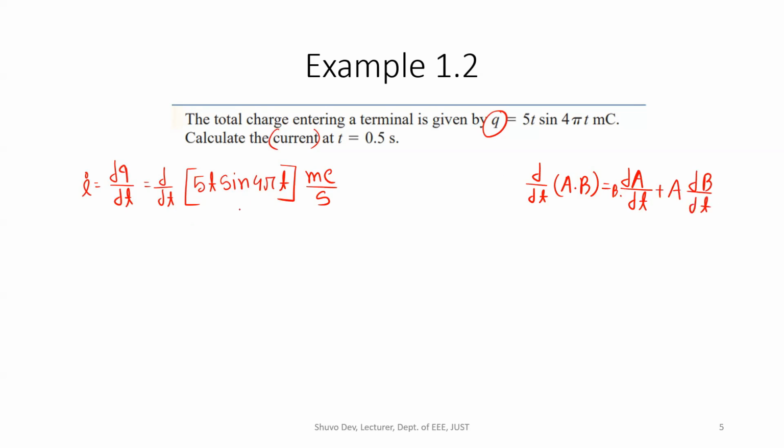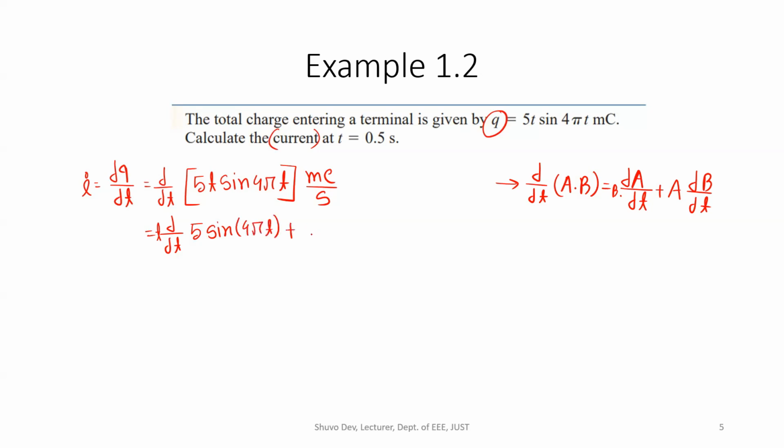Here we can take t as constant, so t goes outside of d by dt, then here is 5 sine 4 pi t.